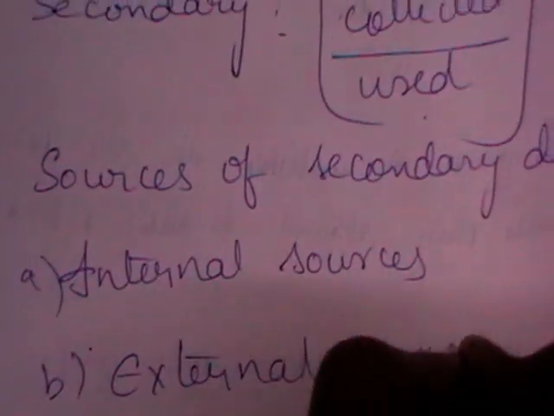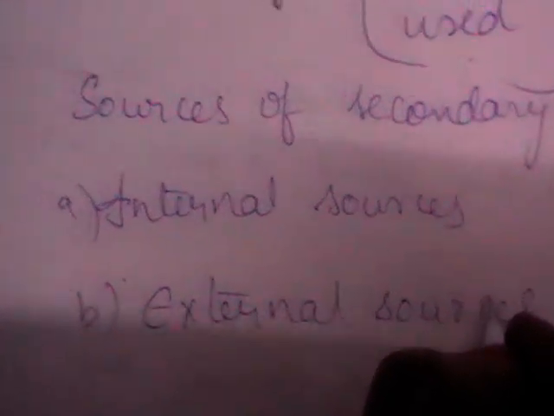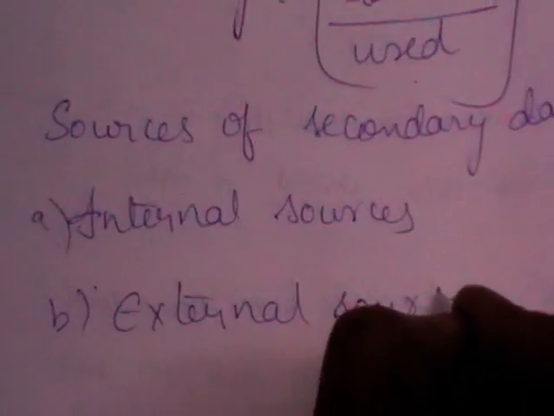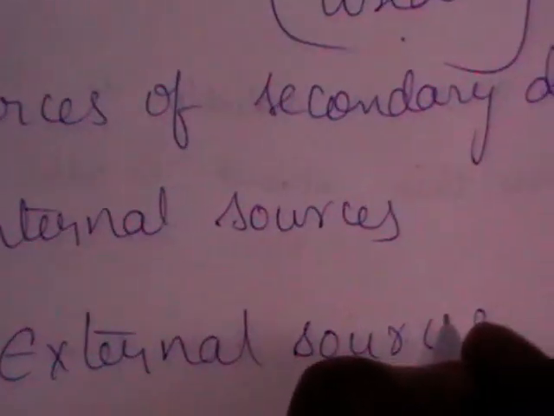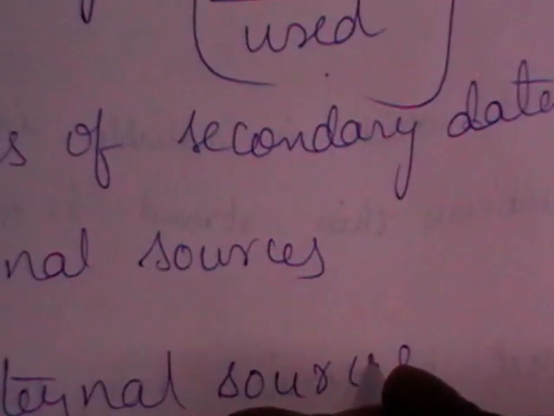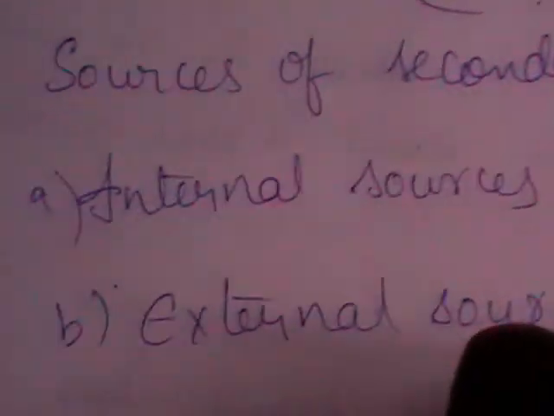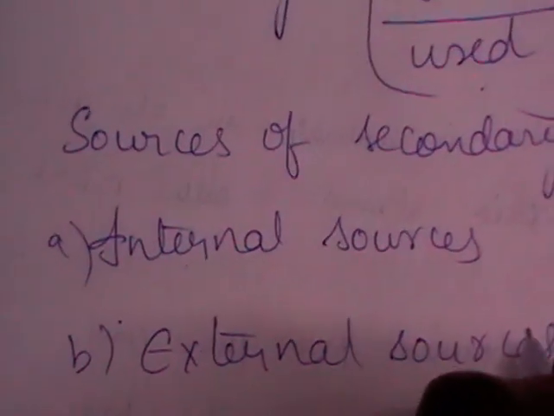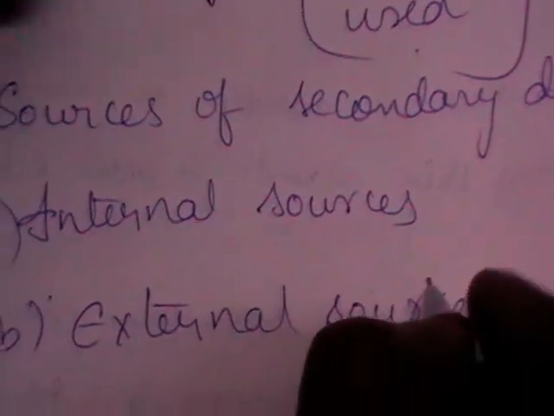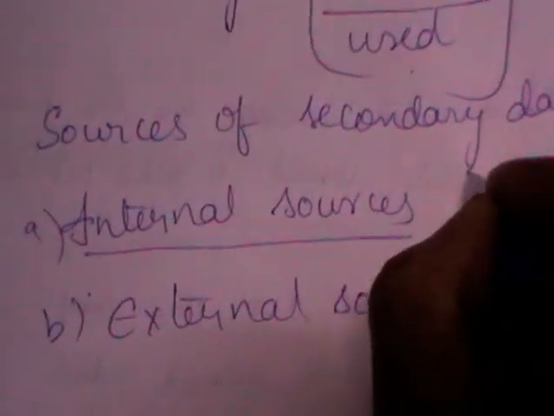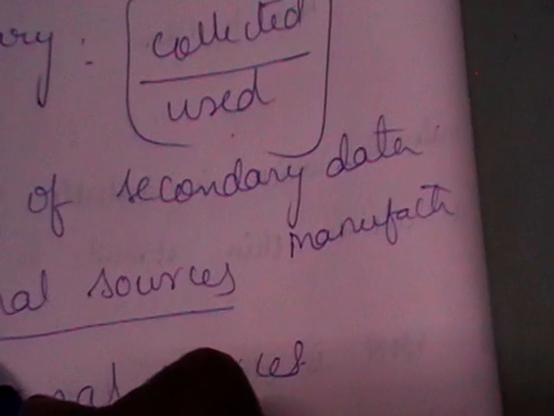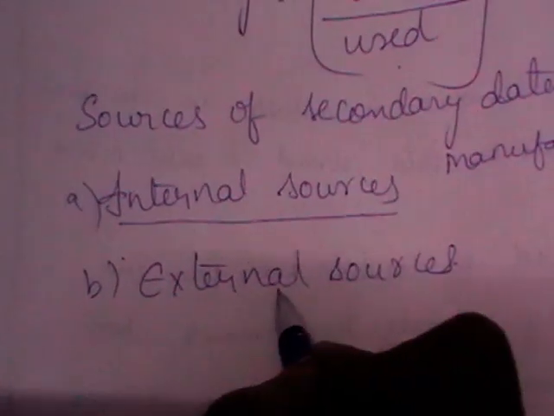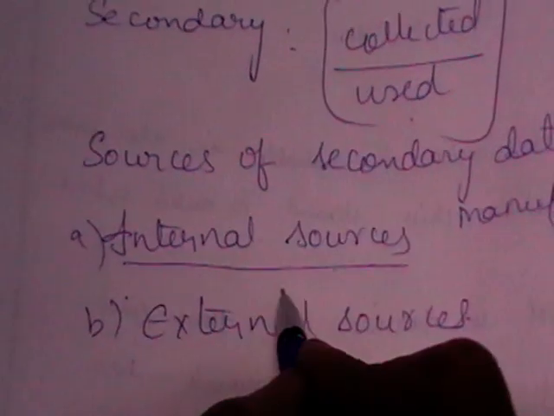Under internal sources we have four categories: accounting records, sales force reports, miscellaneous reports and internal experts. With respect to any company or industry, such as a manufacturing industry, the data which is maintained by the company itself is called the internal sources.